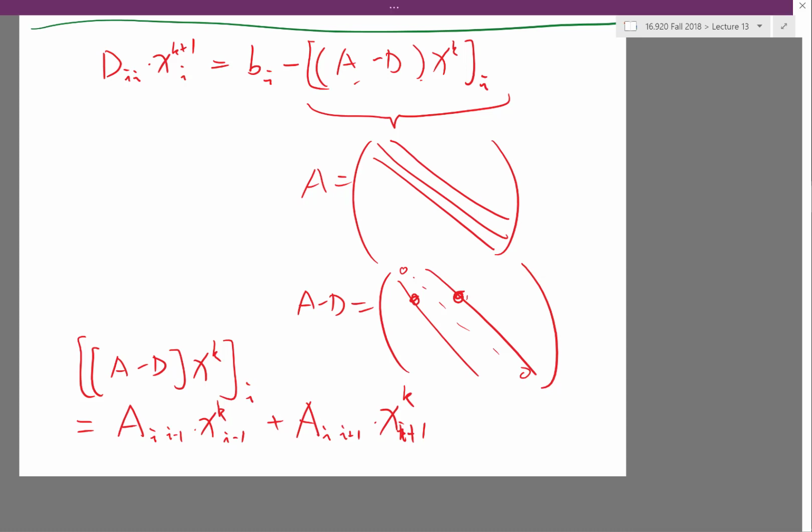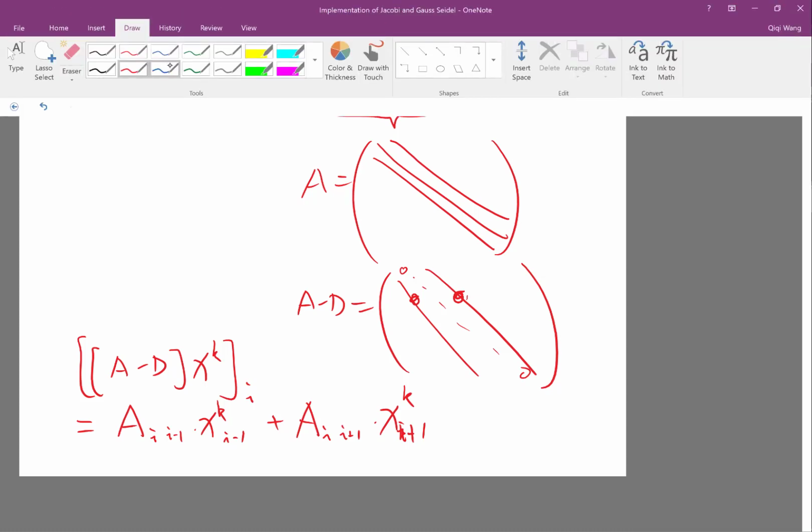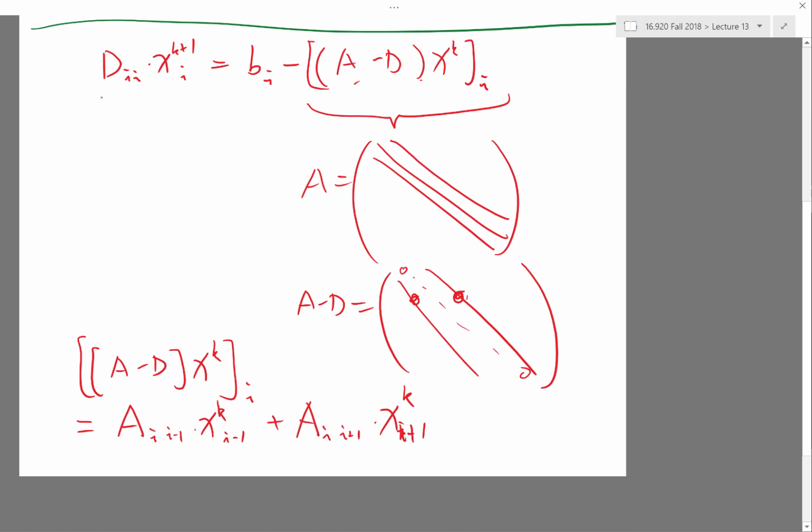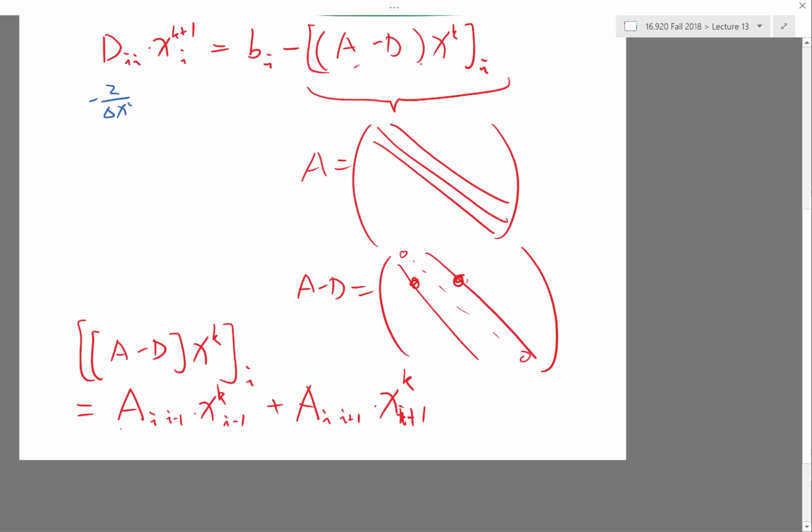Okay, so for Poisson's equation, this d_ii in particular is what? It's minus 2 over delta x squared. The off-diagonal entries for i minus 1 and i plus 1 are each 1 over delta x squared. So basically, this formula gives us the implementation for Poisson's equation.